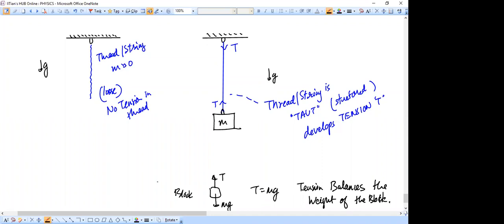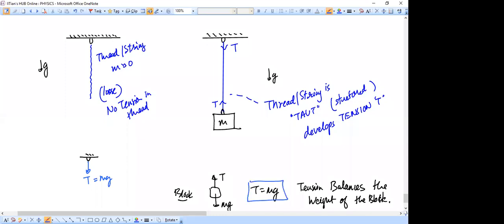Whereas if you look at the ceiling, the hook on the ceiling will now experience a downward force which is equal to the tension. So the tension will become equal to mg. Yes, that is correct. Yes, Dhruv, the tension will become equal to mg.